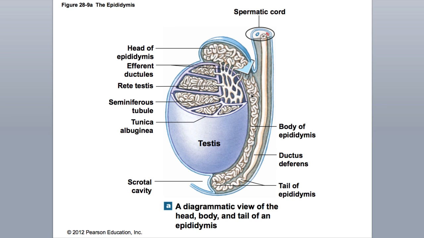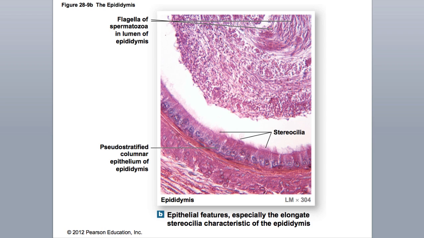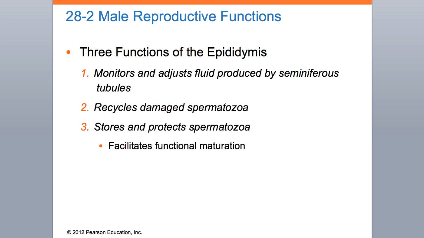So we have the body portion and the tail portion, and then it leads into your vas deferens. And this whole ring right here, as we saw earlier, would be the spermatic cord. Okay, next slide.